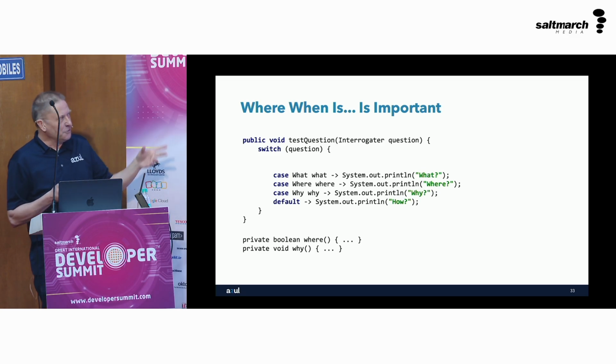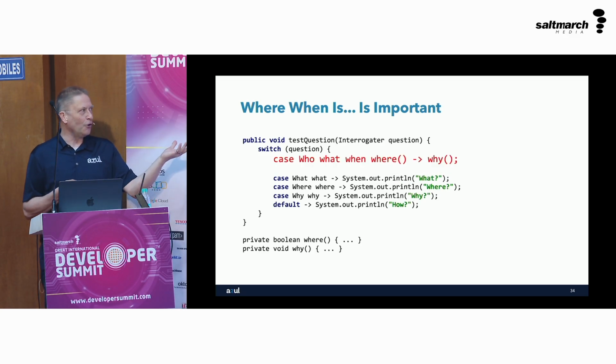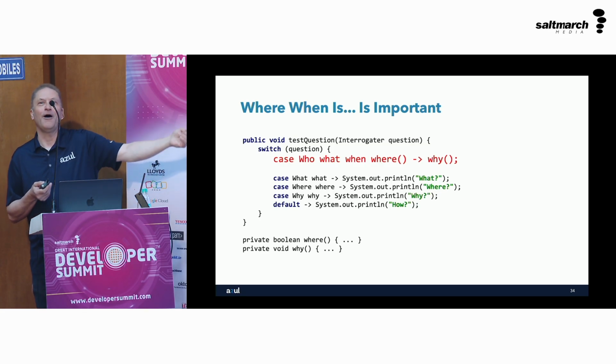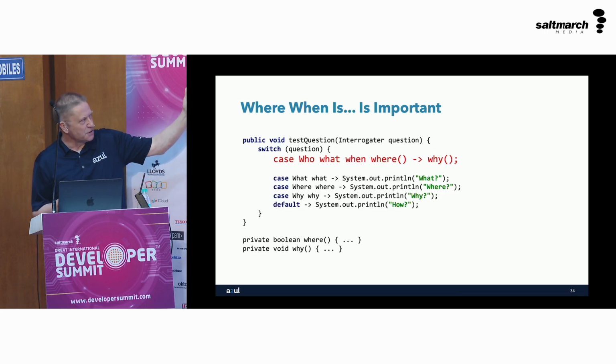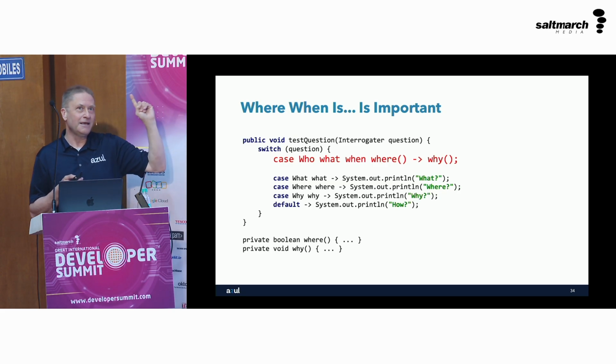What we can then do is add another line to this, which is case who what, where when who what, where why. Obviously what's happening here is we're using the pattern is to match against the type who, but then we'll give it a pattern variable called what.